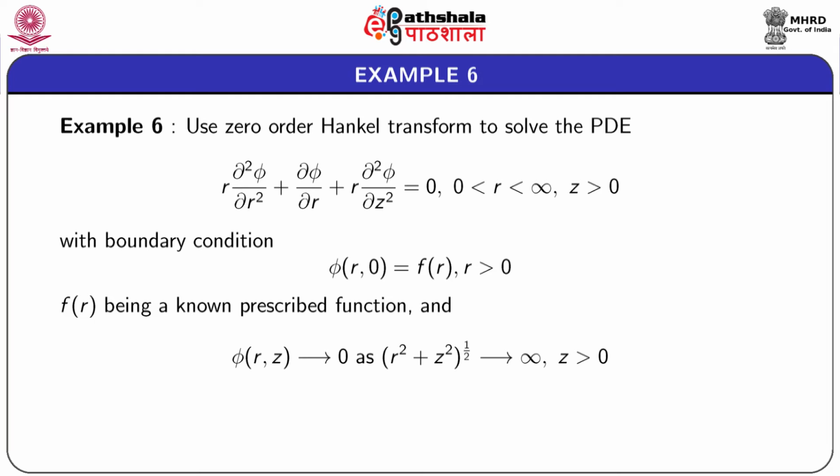Here we shall use Hankel transform of order 0 to solve the partial differential equation r del 2 phi del r 2 plus del phi del r plus r del 2 phi del z square equal to 0, where r lies in the interval 0 to infinity and z positive, with the boundary condition phi at z equal to 0 is f of r and r is positive, and f of r is a known prescribed function, and also we have the boundary condition that phi of r, z tends to 0 as root over r square plus z square tends to infinity for z positive.